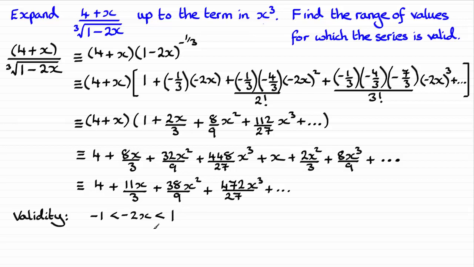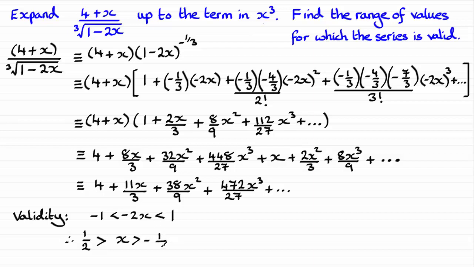And what I'd want to do now is divide throughout by minus 2, and doing that gives me minus 1 divided by minus 2, which is 1/2. Remember though that because I'm dividing by a negative number, I need to switch that inequality. So we switch it round. Minus 2x divided by minus 2 just leaves me with x, and 1 divided by minus 2 gives me minus 1/2. But again, I need to switch that inequality round.